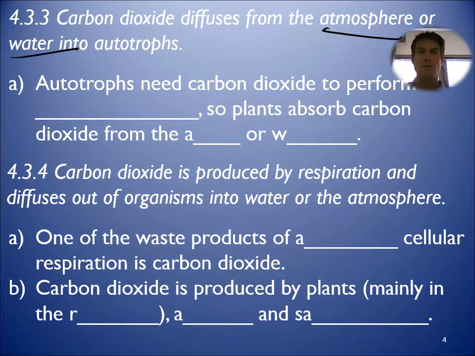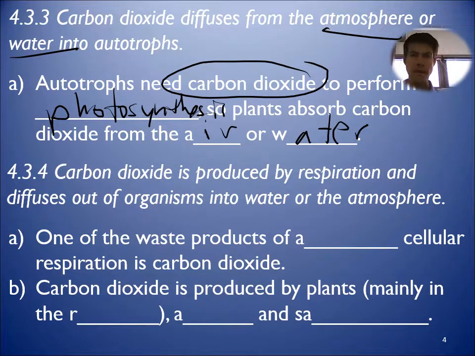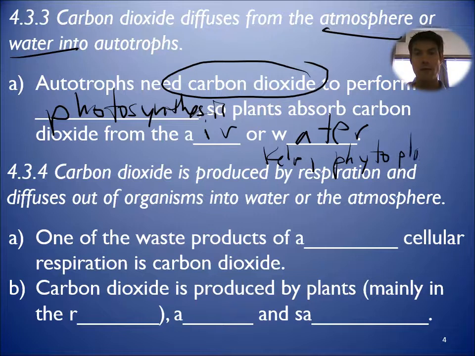Okay, they need that CO2 in order to perform photosynthesis, from the air or the water, in terms of kelp or seaweed or phytoplankton. So maybe put that down. Kelp is a huge one, but not as big as phytoplankton. A lot of our food chains are completely dependent on phytoplankton, taking that energy from the sun, providing the basis of the marine food chain.